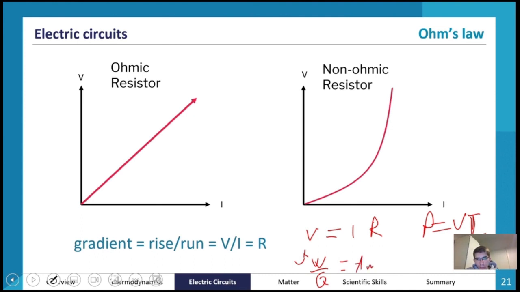Current is measured in amps, and resistance is measured in ohms. Power is measured in watts, voltage in volts, and current in amps again. Voltage again is the amount of energy per coulomb of charge. Current is the flow of electrons through a certain point, and resistance is measured in ohms.